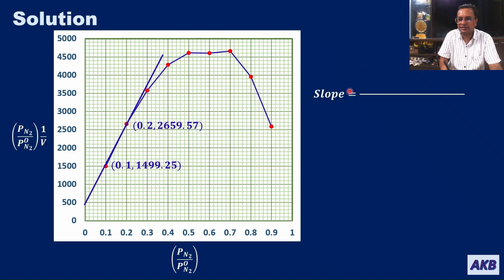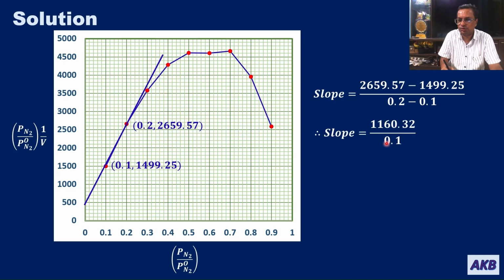In this case, geometrical slope will be y2 minus y1 divided by x2 minus x1. That is, slope is equal to 2659.57 minus 1499.25 divided by 0.2 minus 0.1. That is, slope is equal to 1160.32 divided by 0.1.